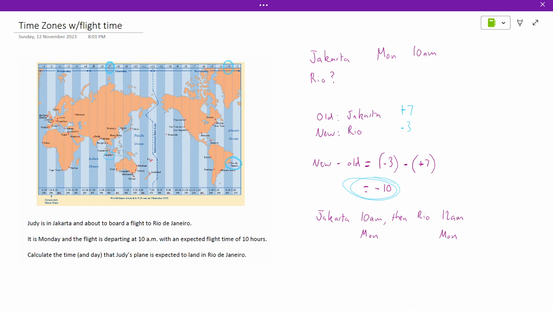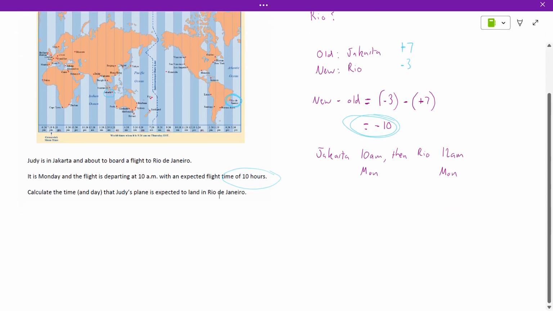Okay, we're just about done. We've got to go back to our question, and our question said, with an expected flight time of 10 hours. So we haven't looked at that yet. Now we've got to add on that 10 hours. So we're going to add that on to this part here. Rio is 12 a.m. on Monday plus a 10-hour flight.